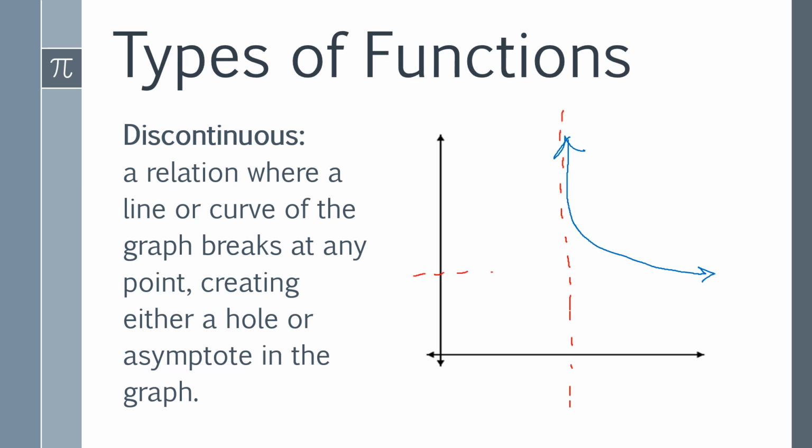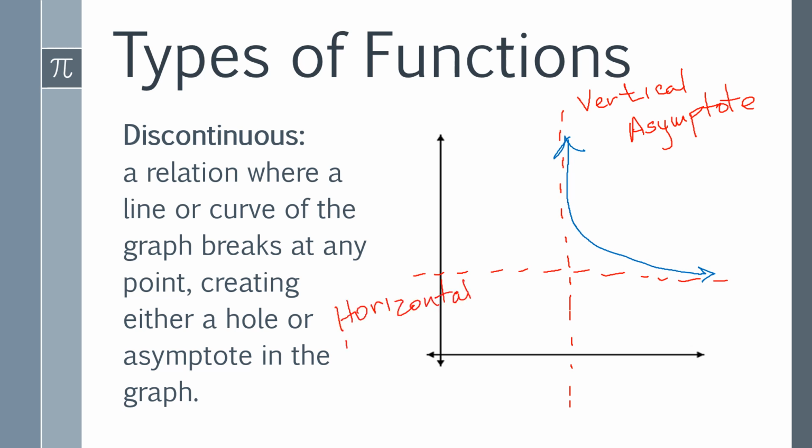And this is what's called an asymptote. So this is a vertical asymptote. This is a horizontal asymptote.